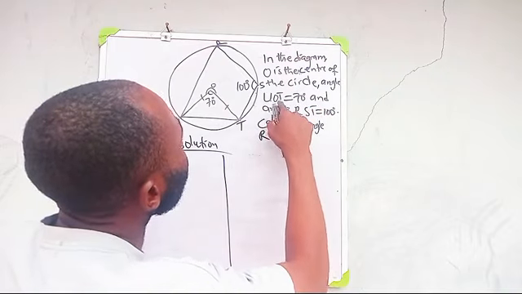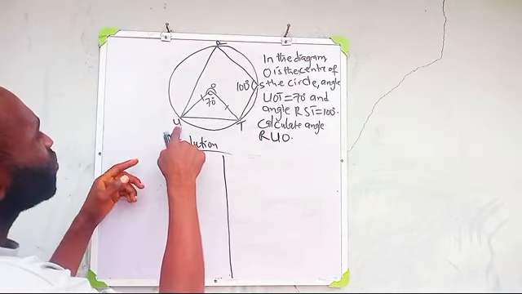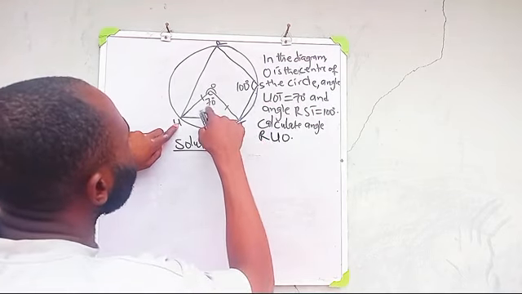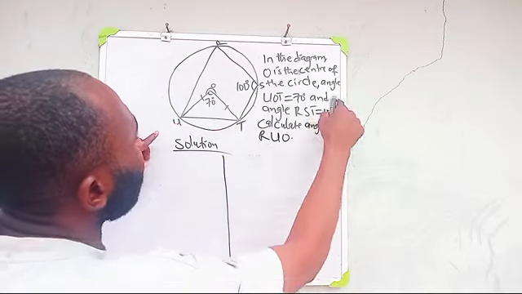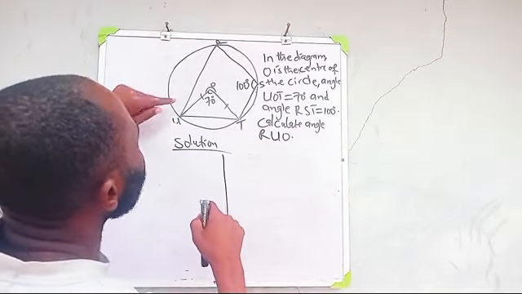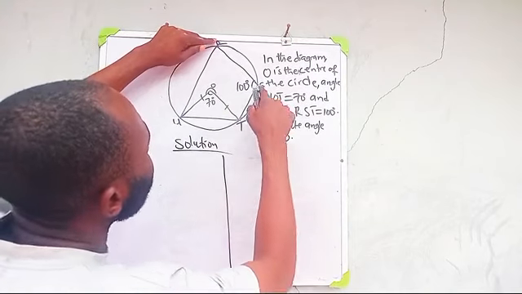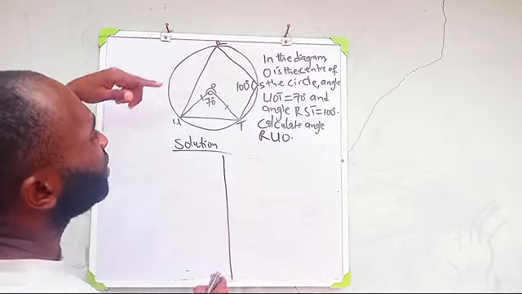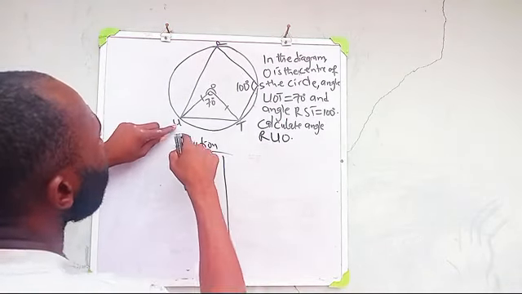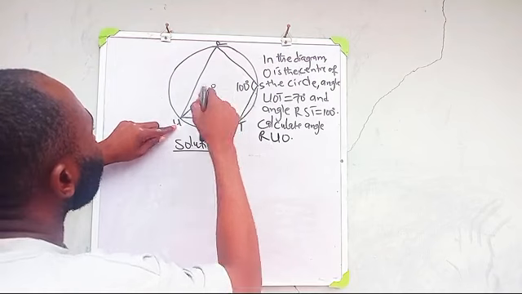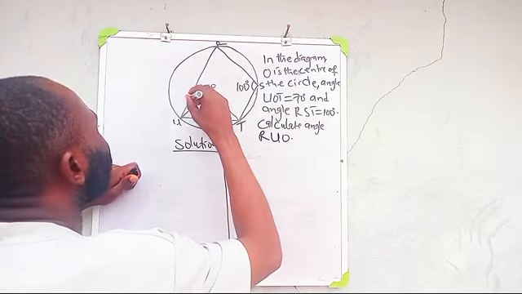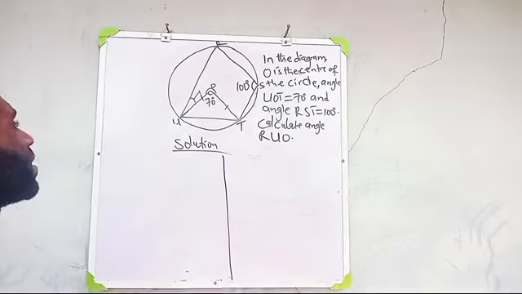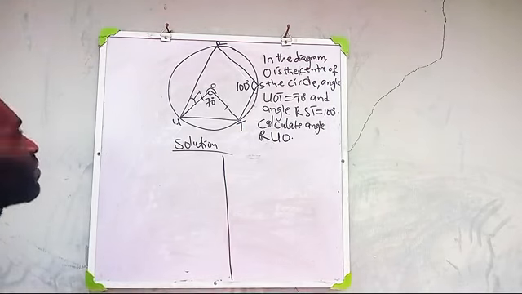Angle UOT is 70, and angle RST, which is this angle here, is 100. Calculate angle RUO, which is, we should find this angle here. That is a point of interest.